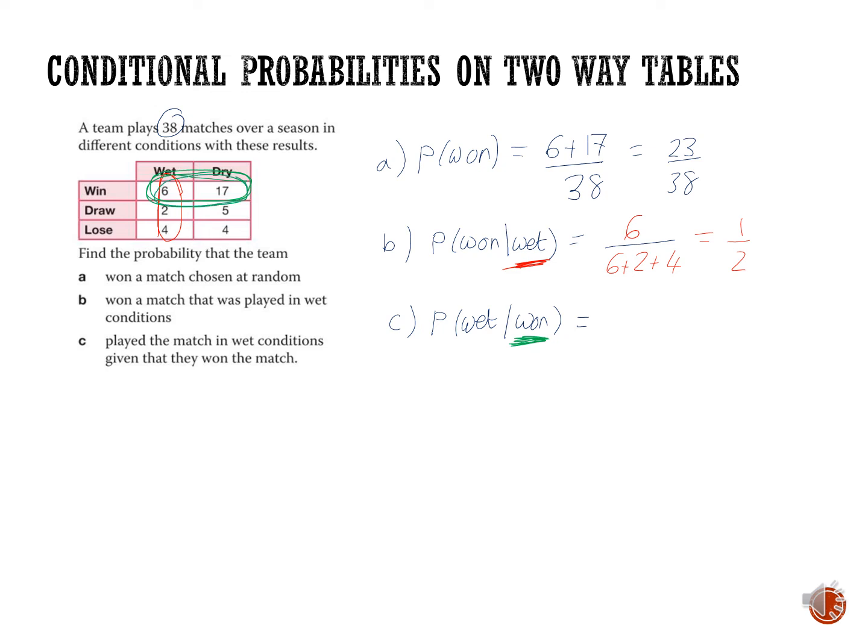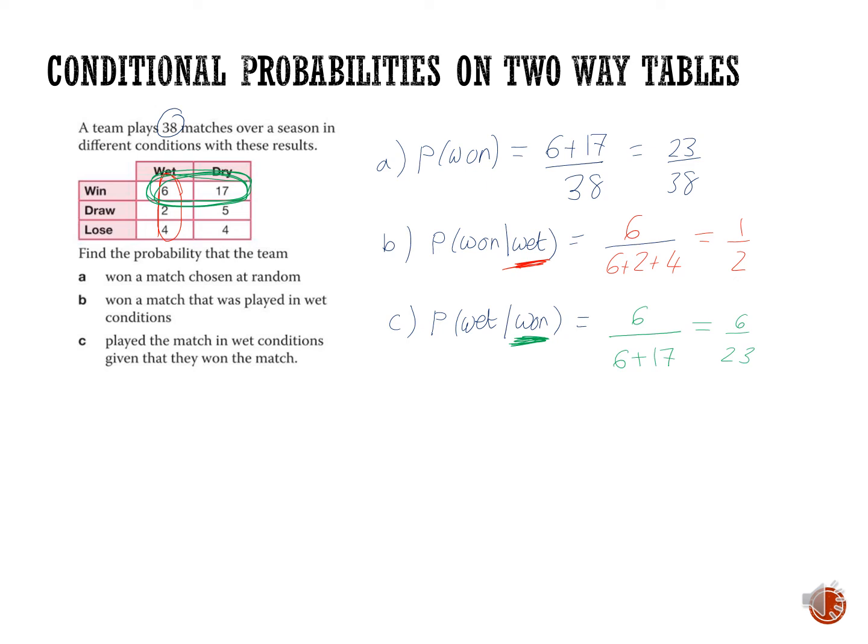So on the bottom, the total in that part of the table, that's the given that they won. We're only interested in the ones that were wet, so that's the 6 on the top, and that gives you 6 out of 23. So it's all about concentrating on the area of the table that is the given that part for your conditional probability.